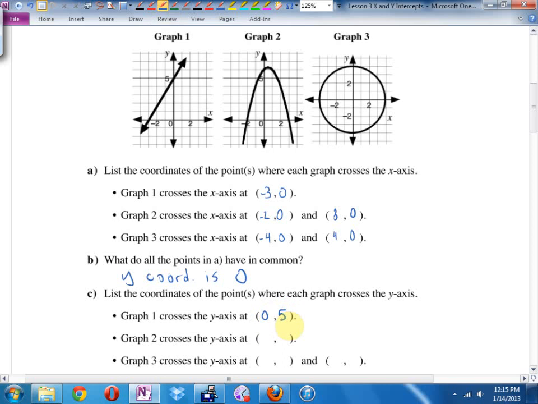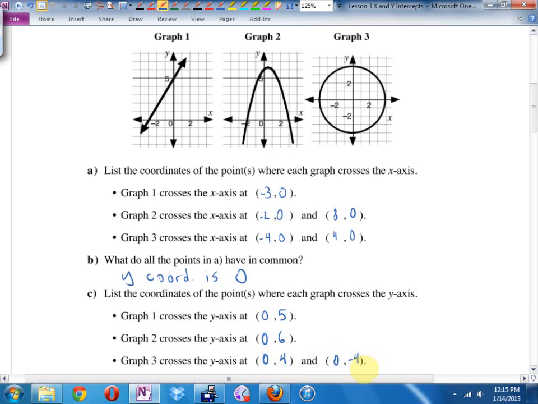Where does graph number 2 cross the y-axis? Right there, 0, 6. Where does graph number 3 cross the y-axis? 2 locations. 0, 4 and 0, -4.